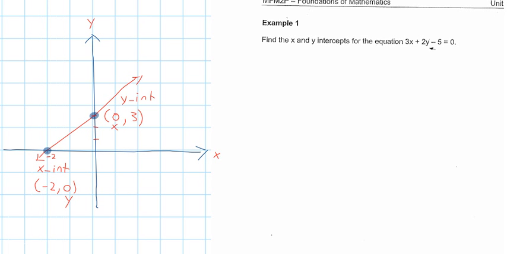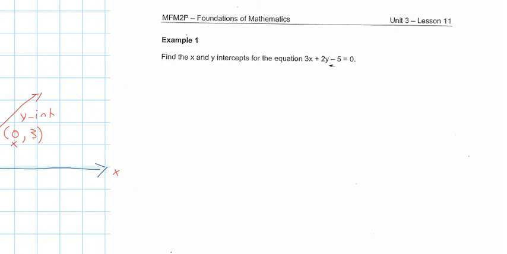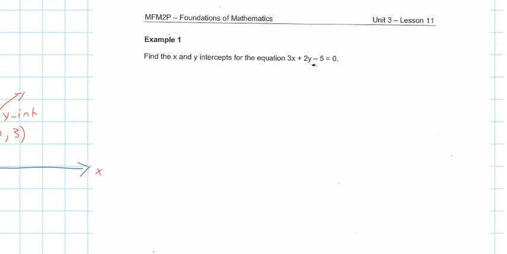So if I have an equation like this, and I want to find the 2 points, the x and the y-intercept, all I have to do is, to find the x-intercept, what do I plug in for y? I plug in y equals 0.